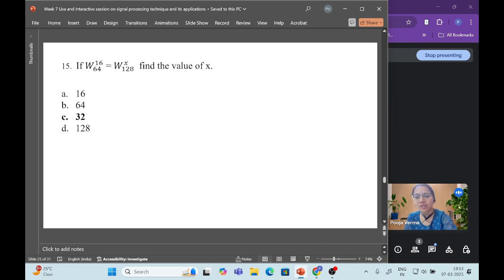So if W 64, 16 is equal to W 128 to X, what will be the value of X? So it is a simple problem. So we have to keep these two same in order to find out. Okay. So can we write it like this?